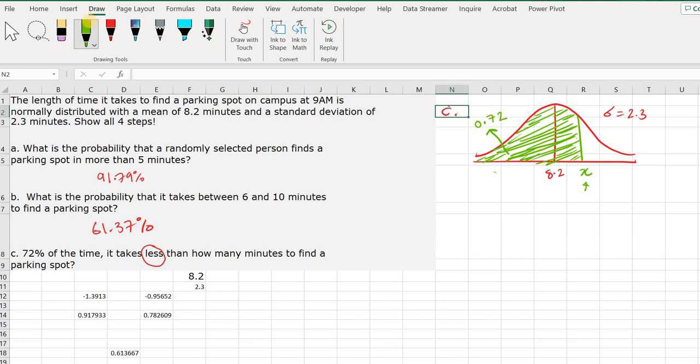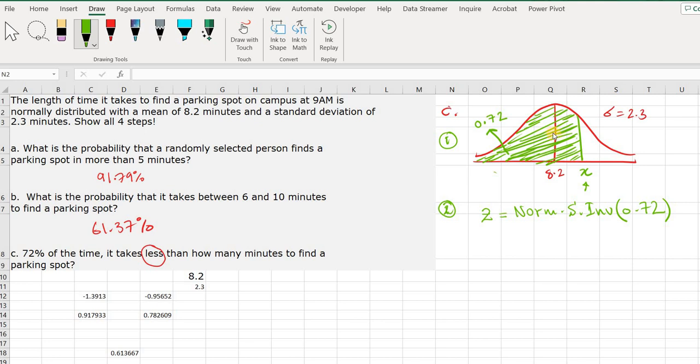The second step here is to find the z-score that represents this x. So you're going to say I will find the z-score that represents that x, which you will use norm.s.inv of 0.72. So that is just to find the z-score that represents that x.